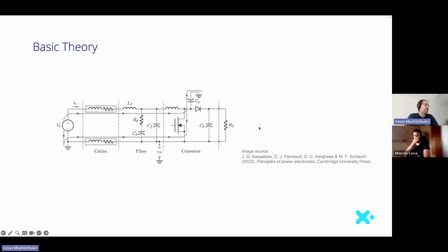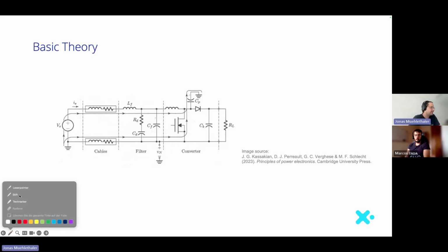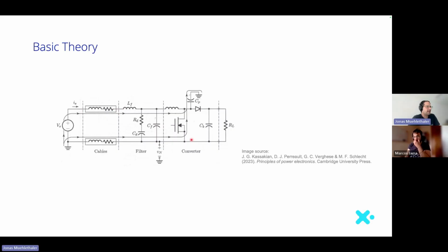So first of all, what is common mode current in general? If you have a switch mode power supply, like here, for instance, shown, where you have the components and you have the switches, and when you switch, usually what one considers is the so-called differential mode, so the current that flows, let me take the laser pointer here, that flows out of the source and back into the source. So it's kind of a circle.